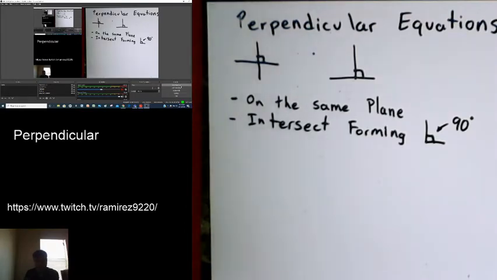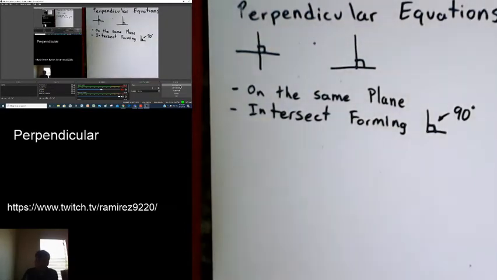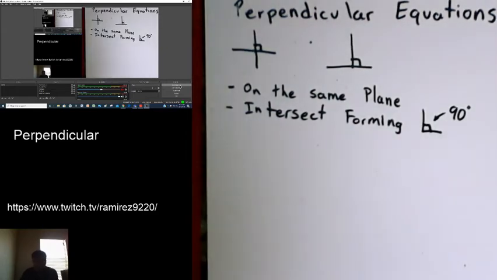And now when it comes to the actual equations, the slopes, so whereas when the equations are parallel, their slopes are the same. When they're perpendicular, obviously they cannot be the same. They have to be different. But if the equations are not the same, they're pretty much guaranteed that they're going to intersect.